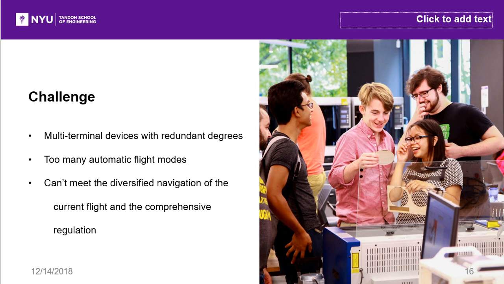The update of flight information cannot be used to navigate the information resources in practice. And also, there are too many automatic flight modes, which may cause the drivers to be confused or misunderstand in some modes of automatic transition. Some drivers are over-reliant on automation, resulting in blind security and accidental loss of control.